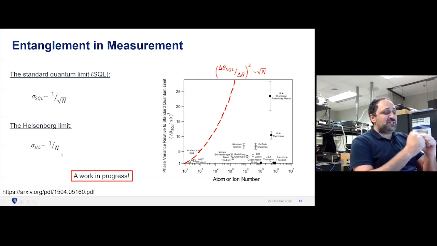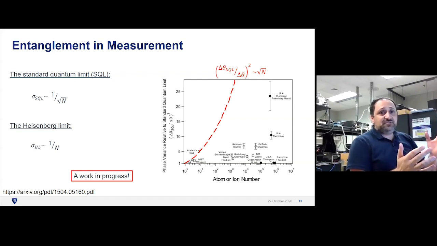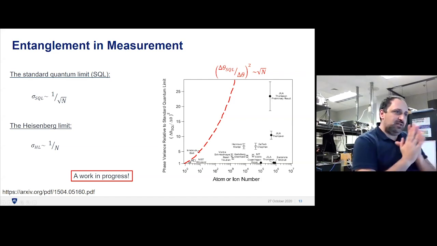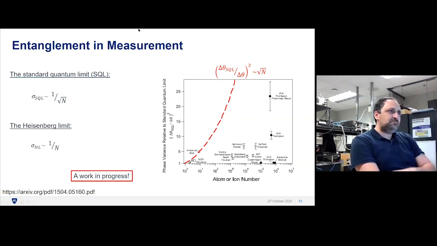So if you have a bunch of entangled atoms to use for a magnetometer, that's going to be doubly sensitive, or squared. The sensitivity will be squared relative to them not being entangled. And that's why doing measurements with entangled ensembles is so compelling a thing to pursue.